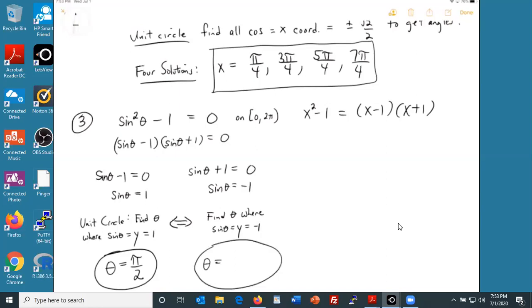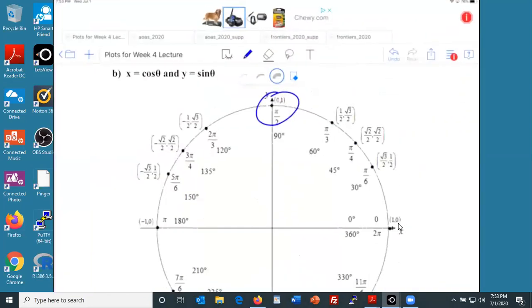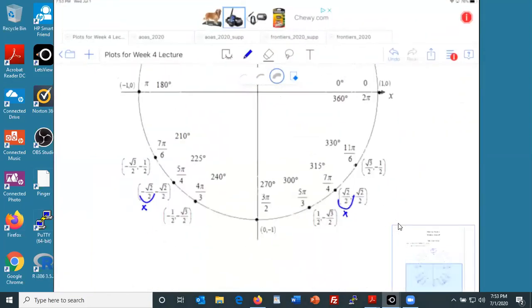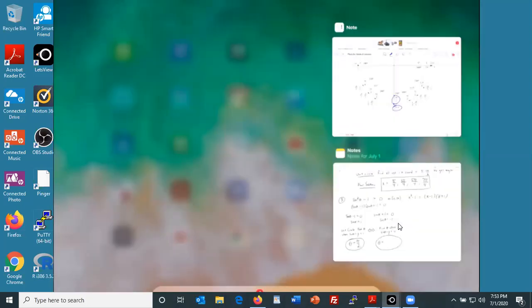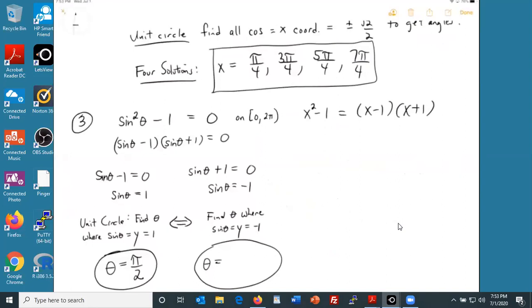So let's take another trip back to the unit circle. And if we look at the bottom of the circle, we can see right here, these coordinates of 0 and -1. Right there, the y value is -1. So this angle, 3 pi over 2, is the solution to this piece.